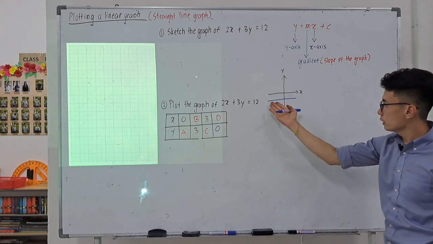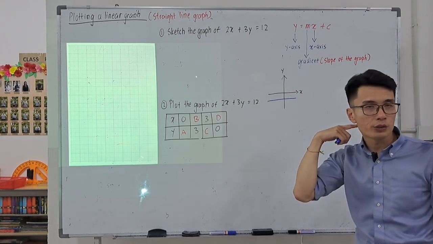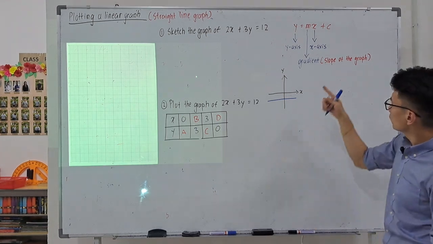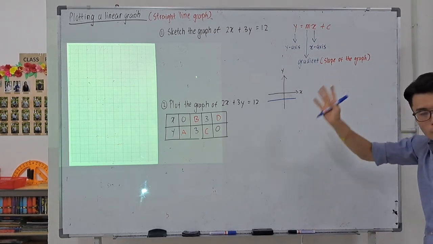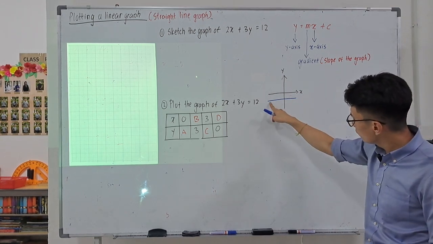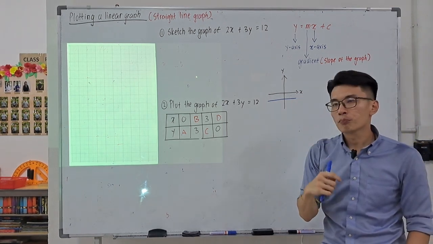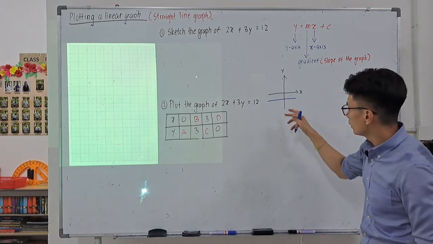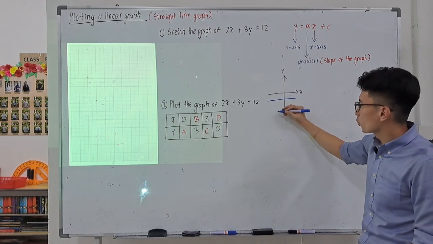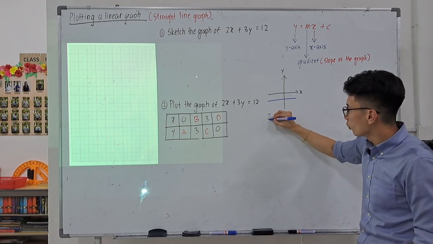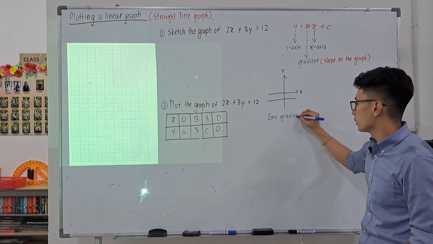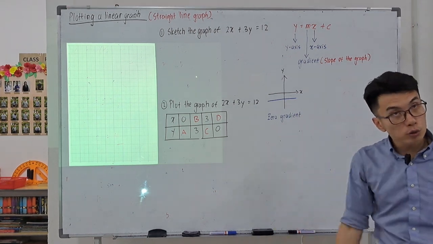It is just basically a straight line, a horizontal line to the x-axis. So take a guess, because now I say that gradient is the slope of the graph. So this blue line has a slope? The answer is there is no slope. If there's no slope, this graph has a zero gradient, because there's no slope.